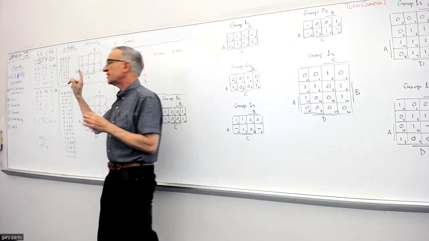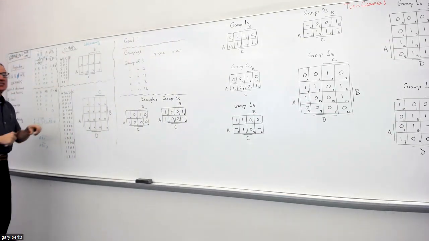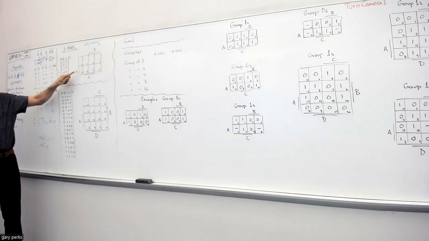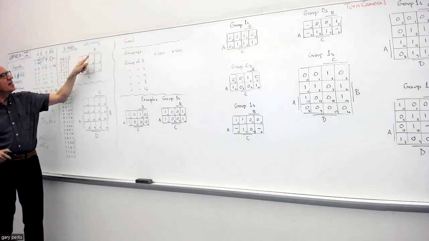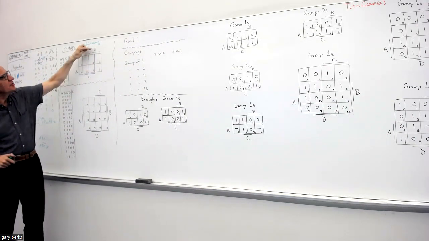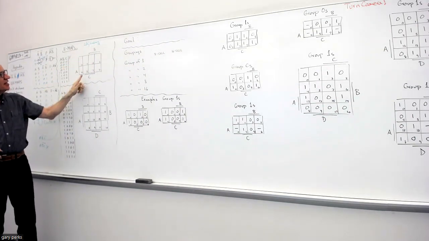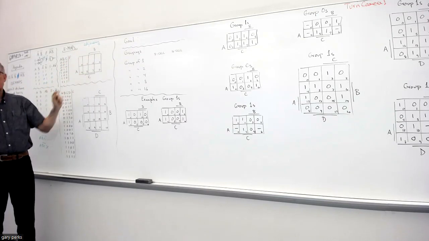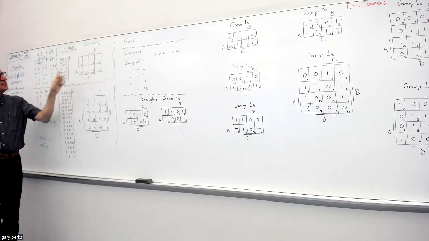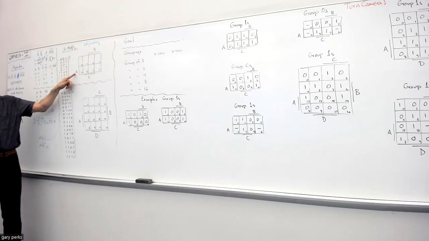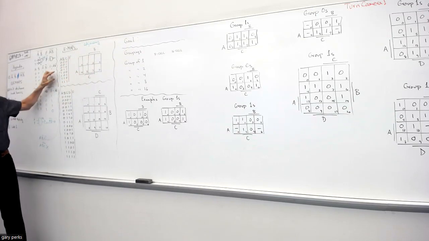Now the next thing: notice for the 8 cell, for this row we have variable A, for these 2 columns we have variable B, and for these 2 middle columns we have variable C. The reason you see the variables like that is because for this row where we have variable A, cells 4, 5, 6, and 7, A is equal to 1.